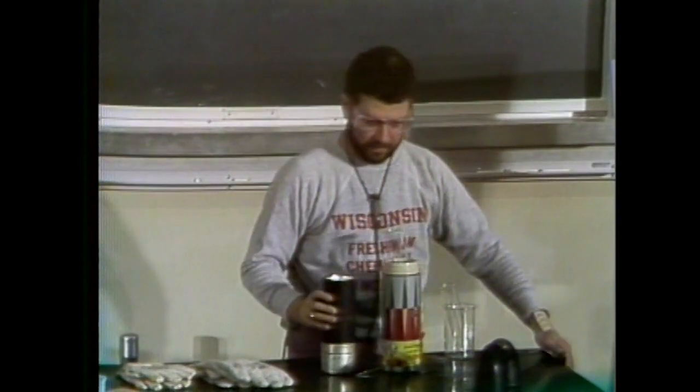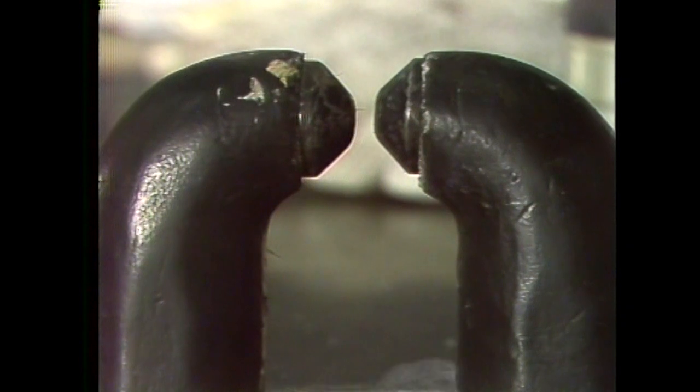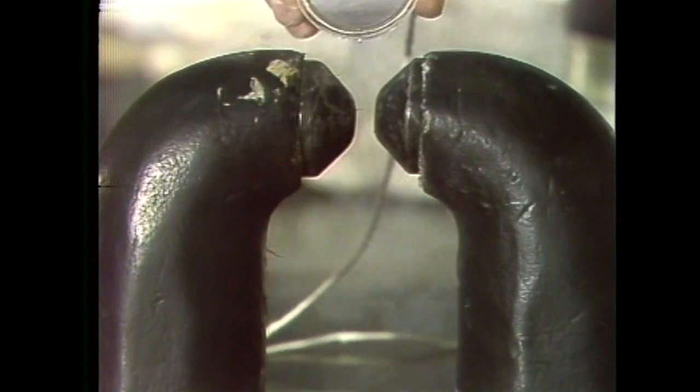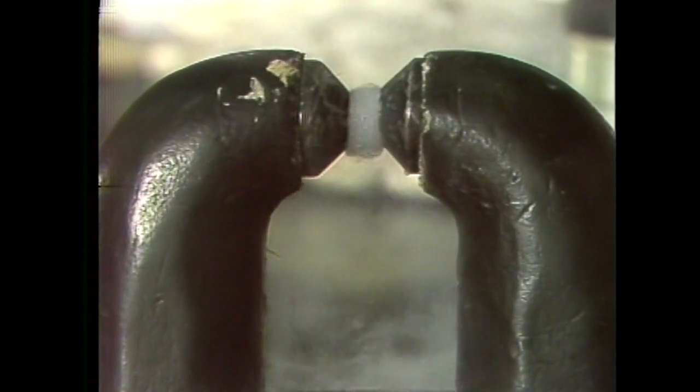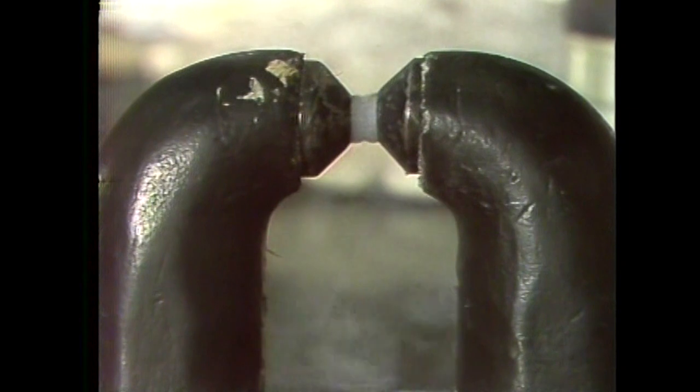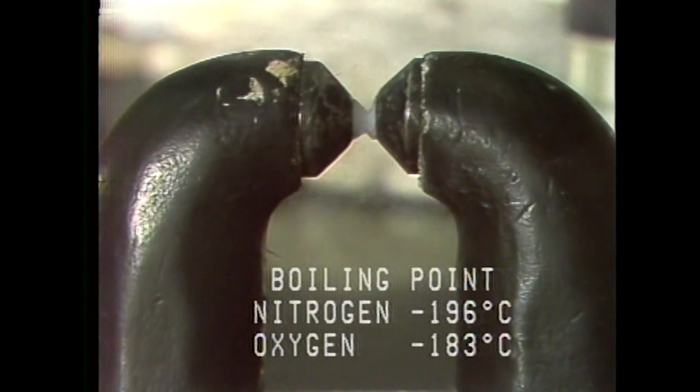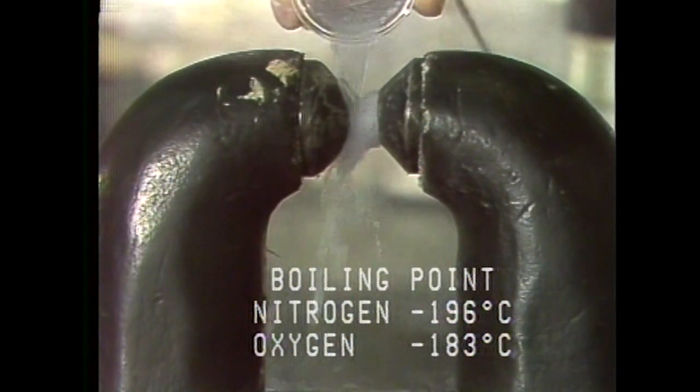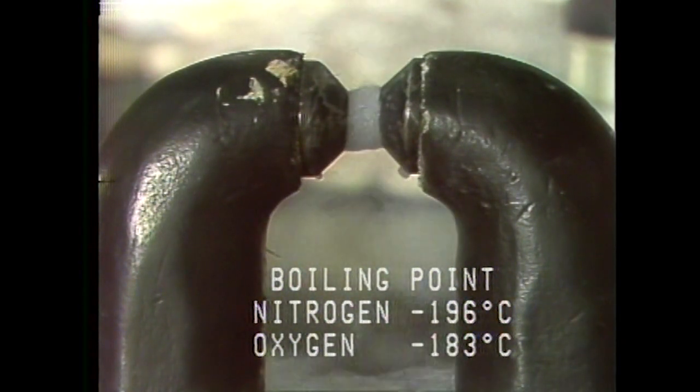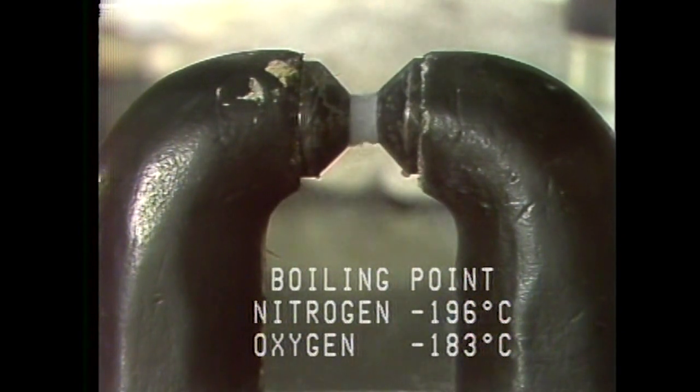What I have here is a very strong magnet, and if I pour liquid nitrogen in between the two poles of the magnet, you see the nitrogen just runs through and nothing happens to it. But if I take some liquid oxygen and I pour that down, you see what happens to the oxygen, being a paramagnetic substance, in between the two poles, and there you see the liquid oxygen as it boils away being held between the two poles of this magnet.